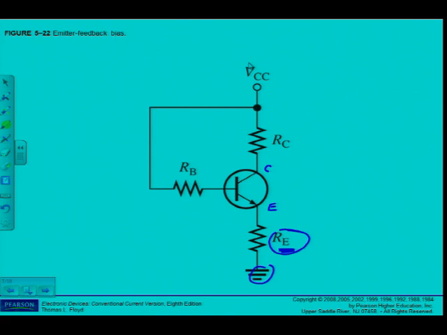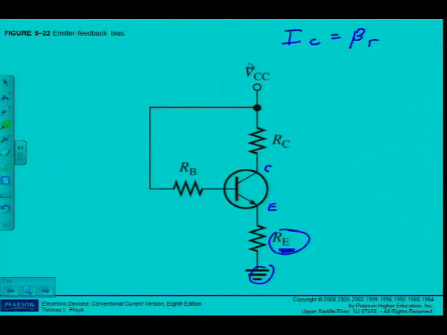So if the collector current tries to increase, what is going to increase collector current? IC is equal to beta DC times IB. What do you know about that guy? Not stable. So say, for instance, IB increases, it's going to try and change the value of IC.